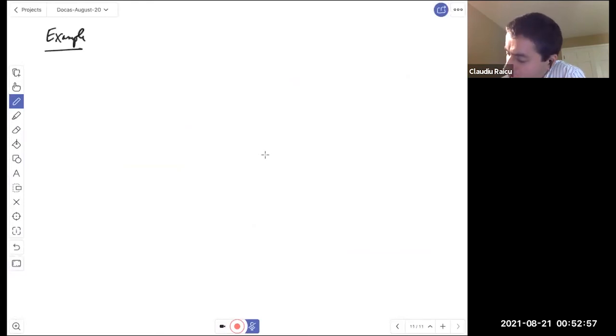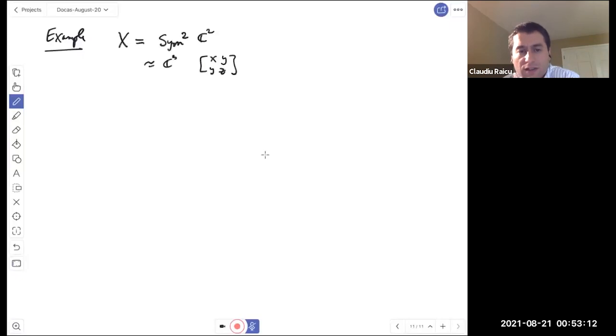Okay, so to get the quadratic cone, I'll take my space to be symmetric 2 by 2 matrices. Of course, that's just a 3-dimensional vector space. These are the coordinate functions on the matrix.